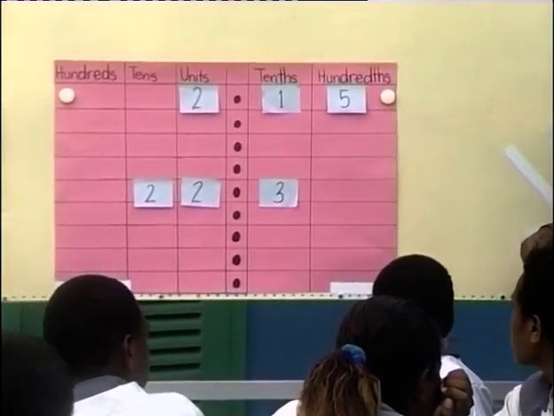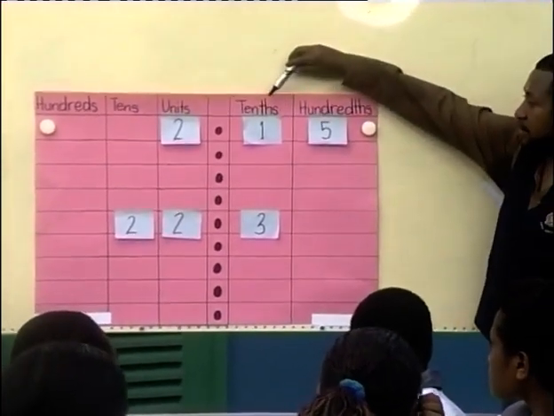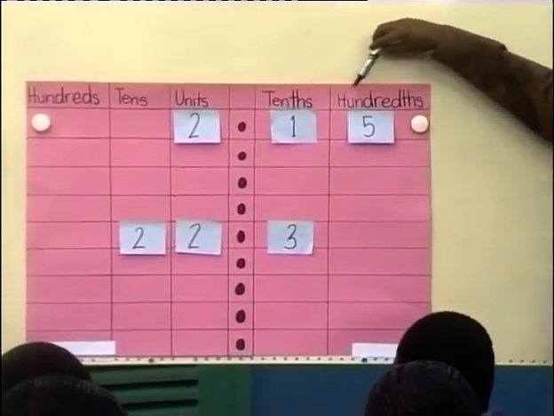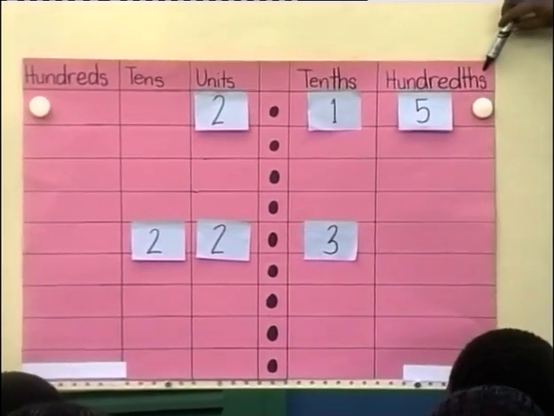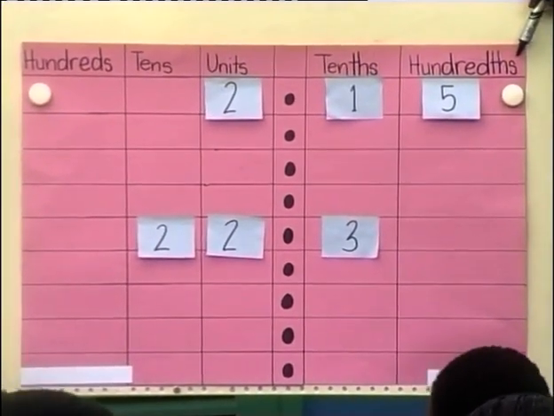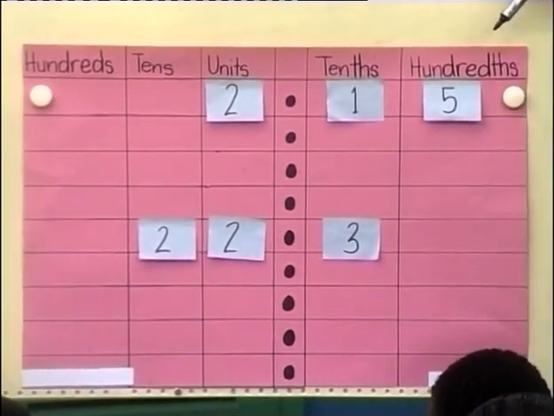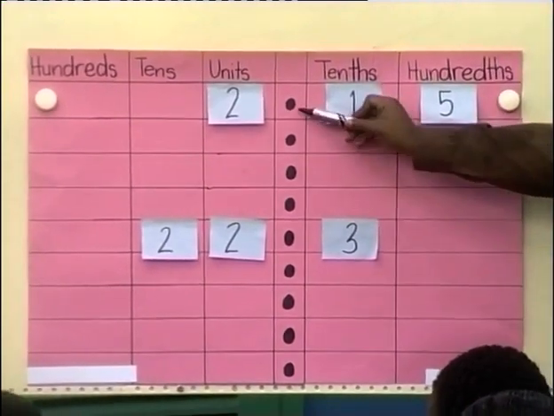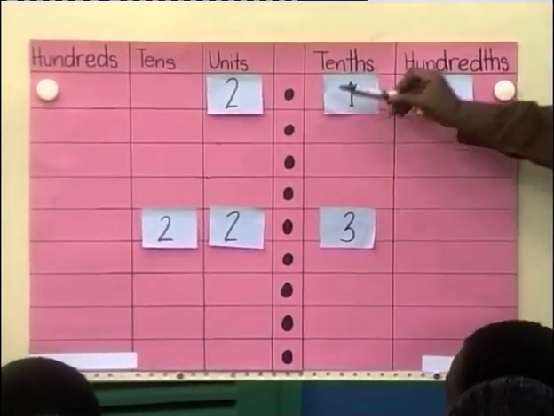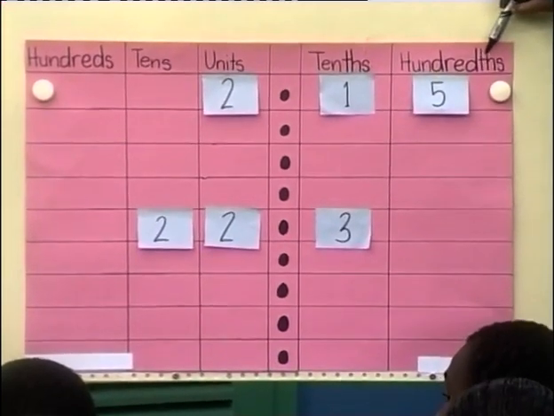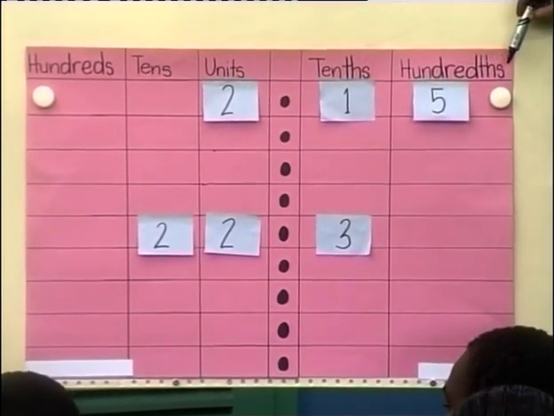The words are THS and THS. Is that clear? So, those words after the decimal point have this THS.